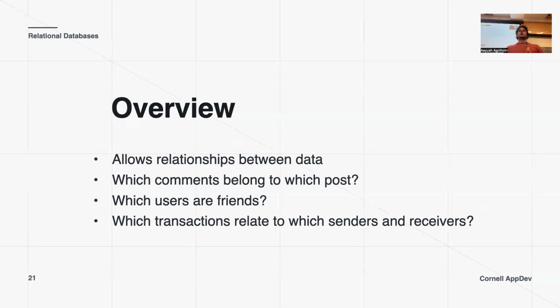And let's say we have users in Instagram. We have some users that are friends of other users, and those friends have other friends that may not be the friends of the other user. So how do we actually know which users are friends within Instagram? And then for PA2, we can use this to say which transactions relate to which senders and receivers.